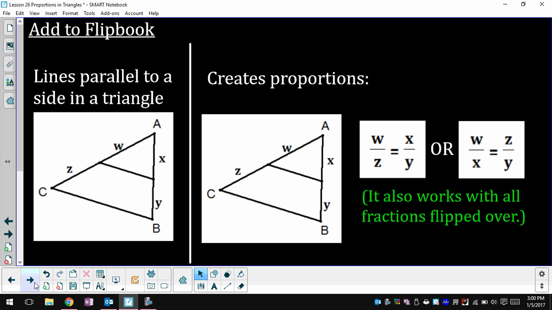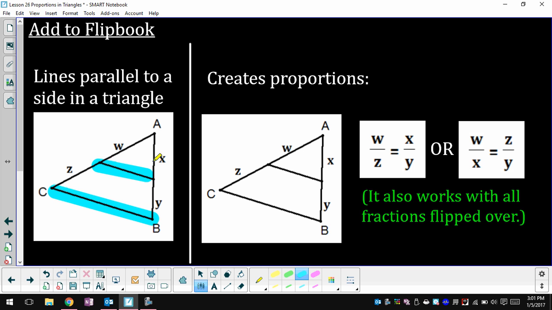So a similar relationship exists if I have a triangle and then some segment or line that goes through the triangle and is parallel to one of the sides. So right now I have this line, this segment that intersects the triangle, and it's parallel to this side.